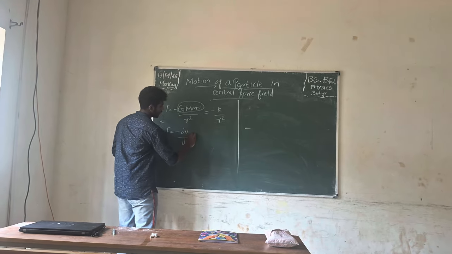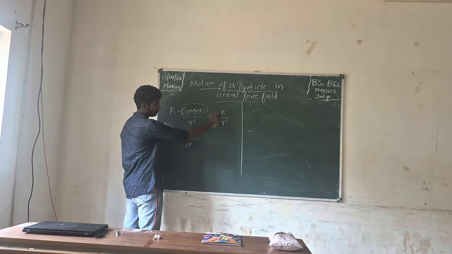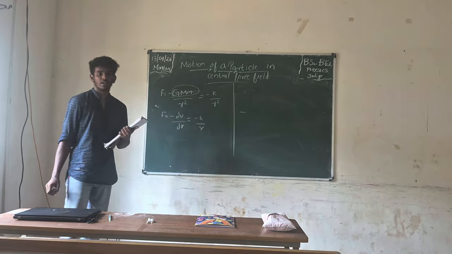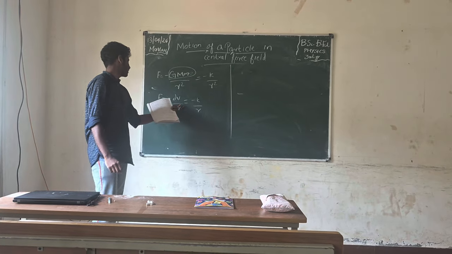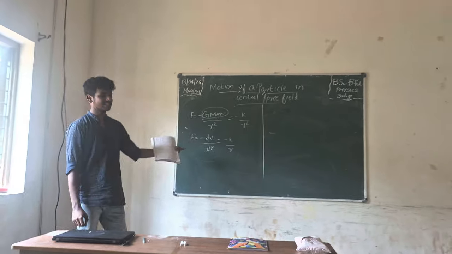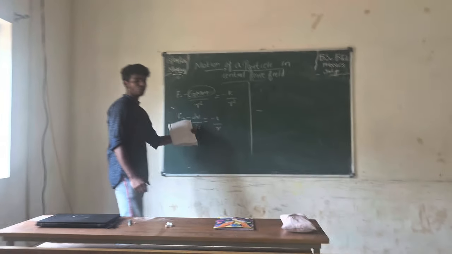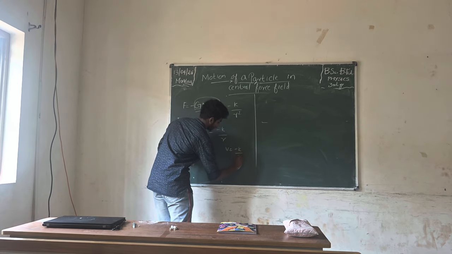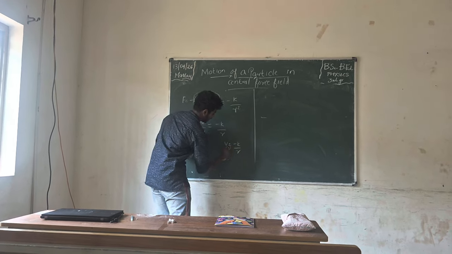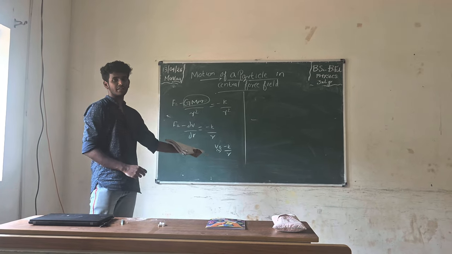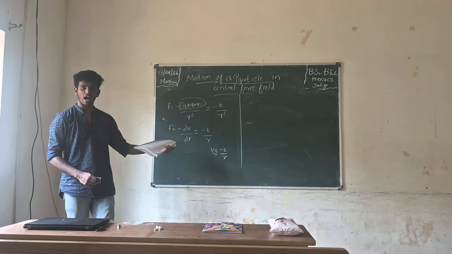So here the force is minus k by r square, and from this we can say that V is equal to minus k by r. We are taking the derivative with respect to r.